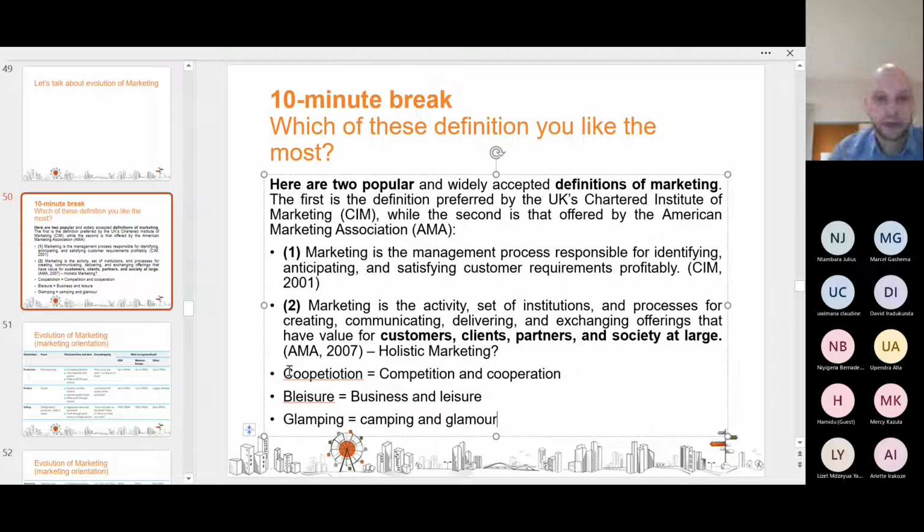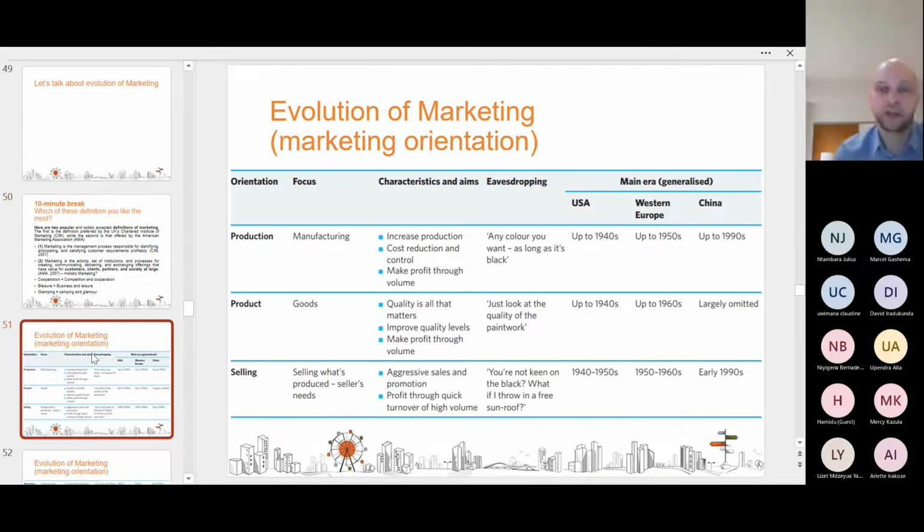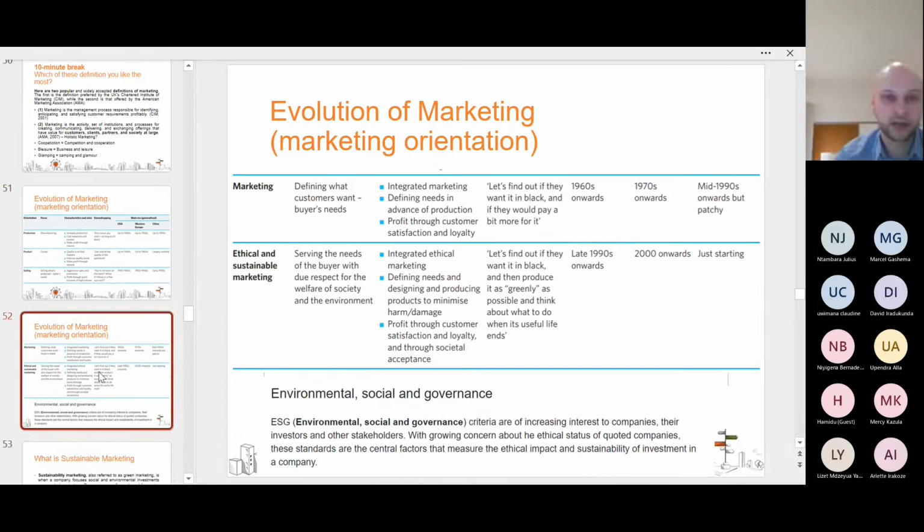Okay. So the first definition, the second. Now let's trace the evolution of marketing. We have several orientations: product orientation, production orientation, selling orientation. Then we have a marketing orientation, by which I mean marketing efforts in promoting the products. And the last one from this theoretical framework is ethical and sustainable marketing.